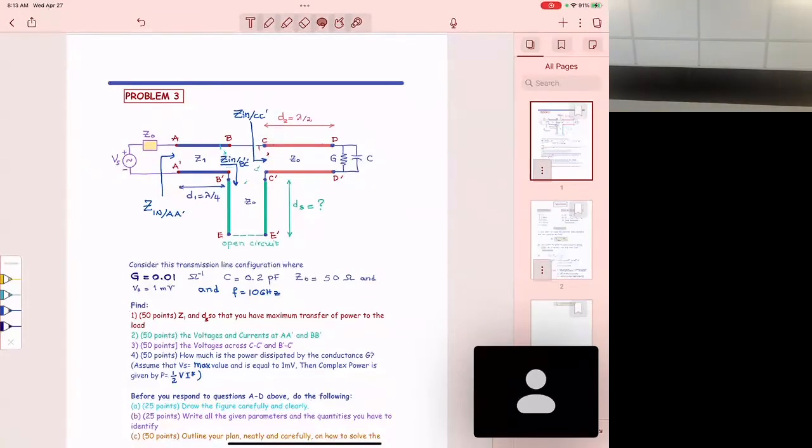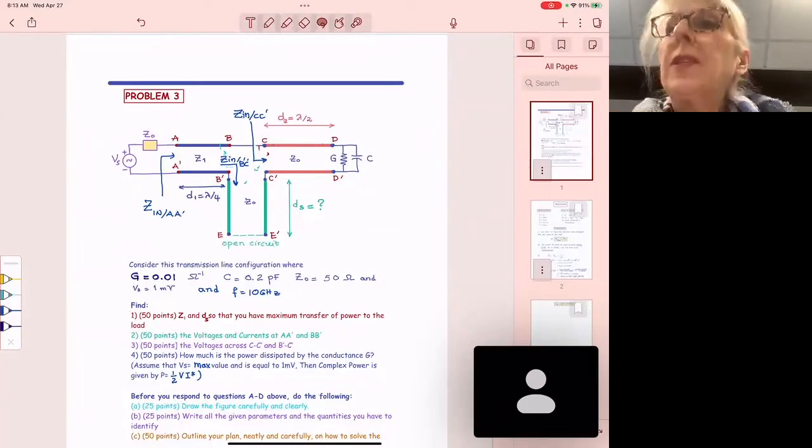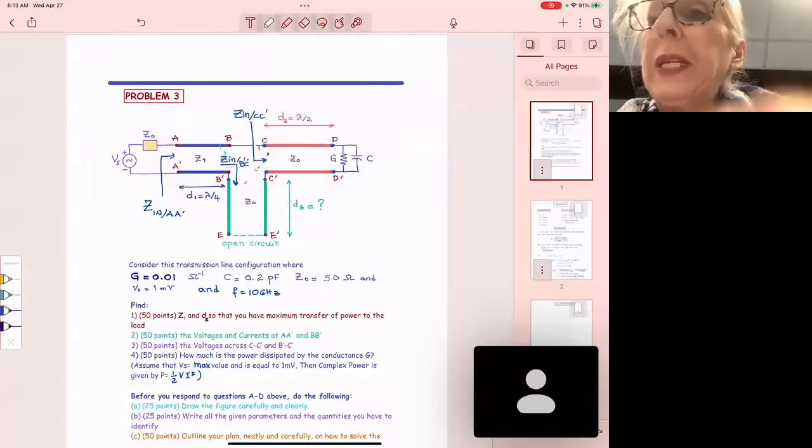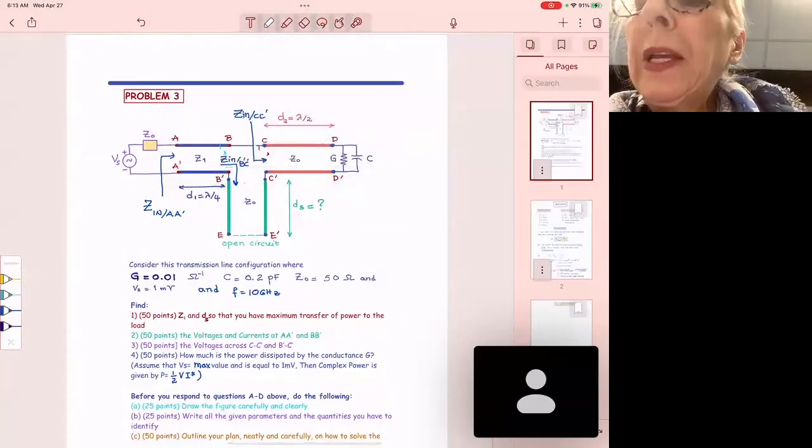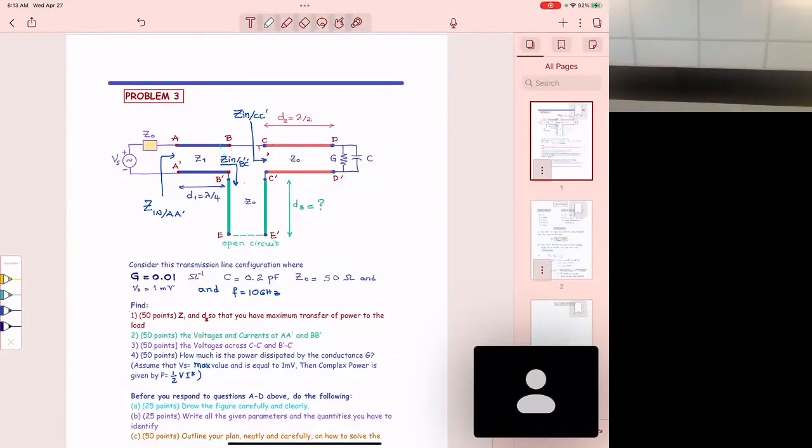I have to clean it up so you don't get confused here. Because this is in series, whatever effective input impedance I would have at this point is going to be in series with this impedance.